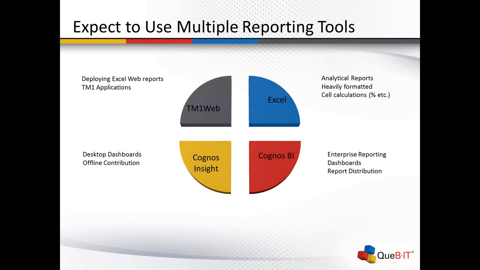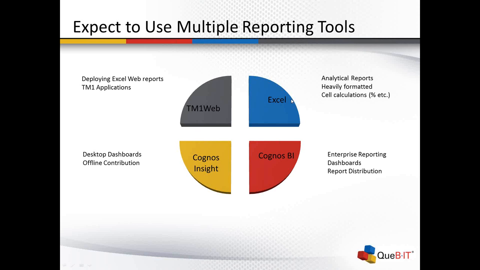So we think a combination of all of these, and I don't show report work on here, but you'll see in a minute that report work has a role to play, allow you to deploy your TM1 information throughout the enterprise. So, TM1 Web, if you don't have any BI infrastructure, is an excellent way of getting TM1 reports out to the enterprise.